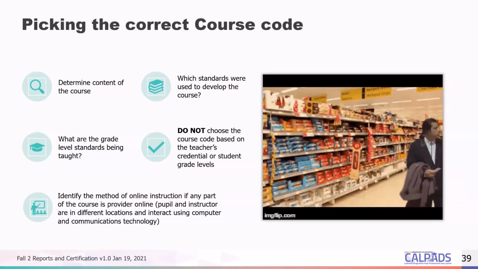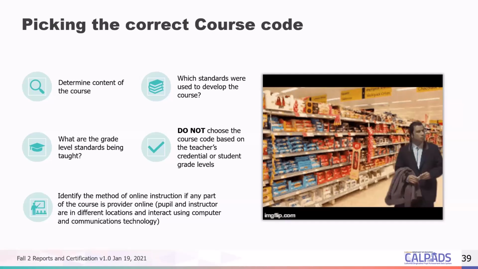All right, so picking the correct course code. This is kind of a tricky slide, right? Because as we know, and Sean will tell you, you probably should not be picking any state course codes. You should be referencing your curriculum and instruction department. They should have the course codes mapped and assigned in the student information system. But it's not a perfect world.